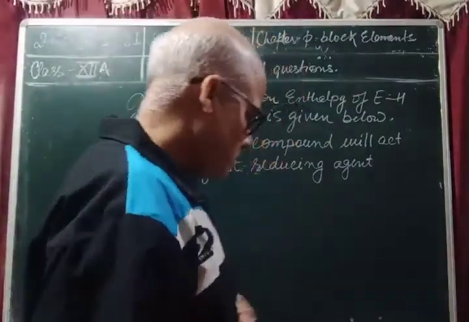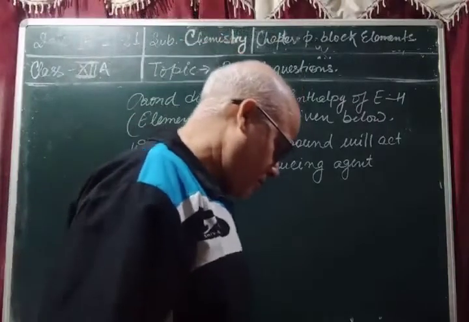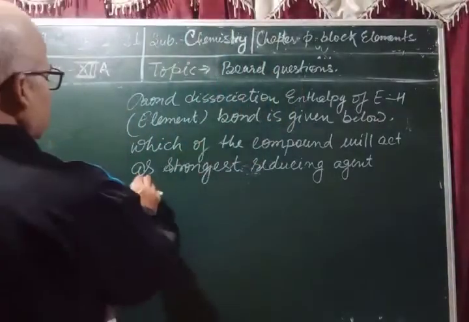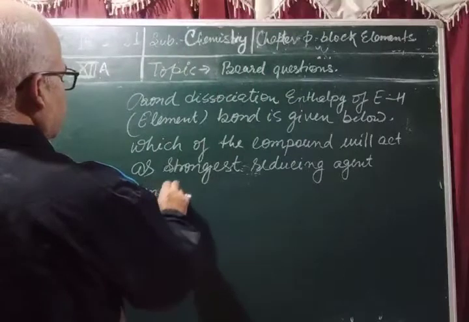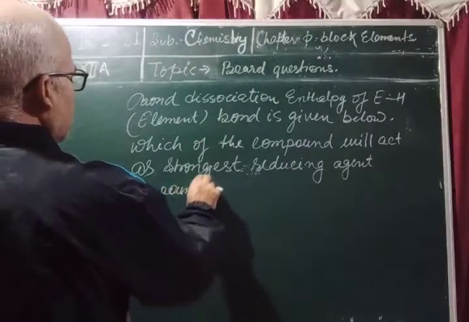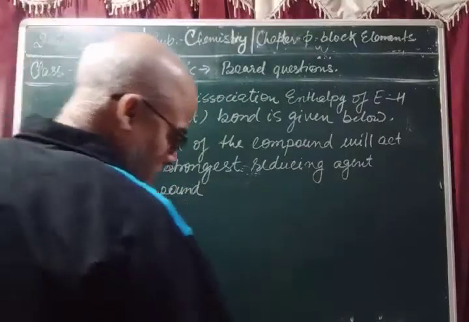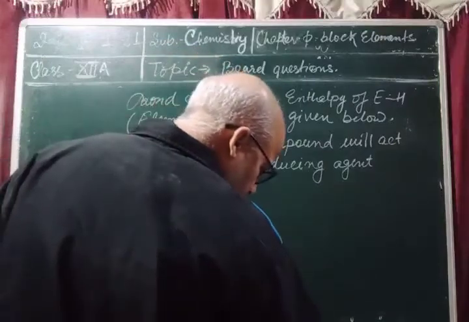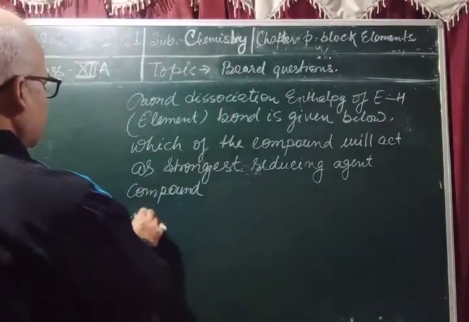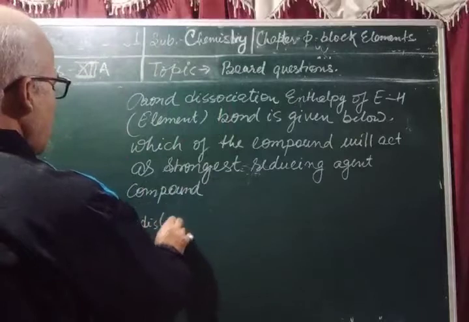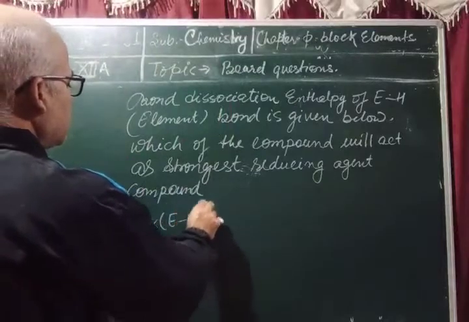Now see, here is the compound. First of all, the compound, and next one is the bond dissociation enthalpy of EH.